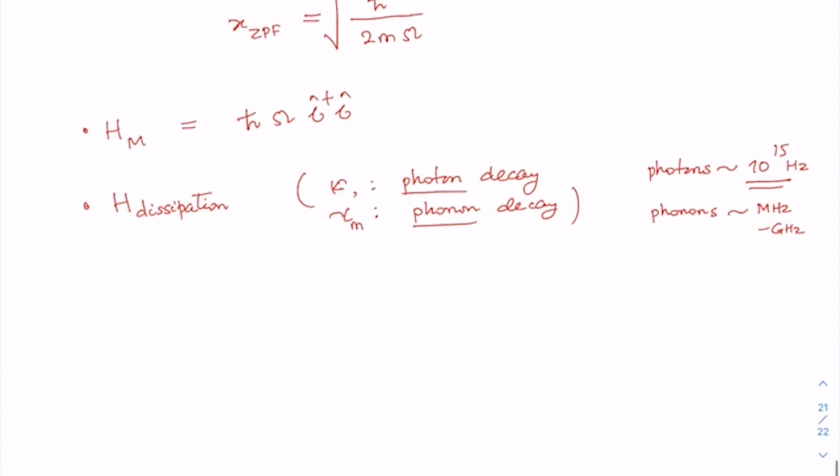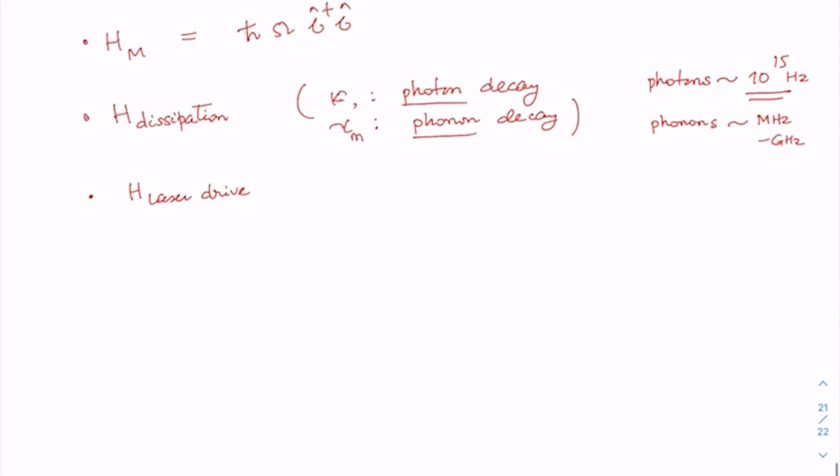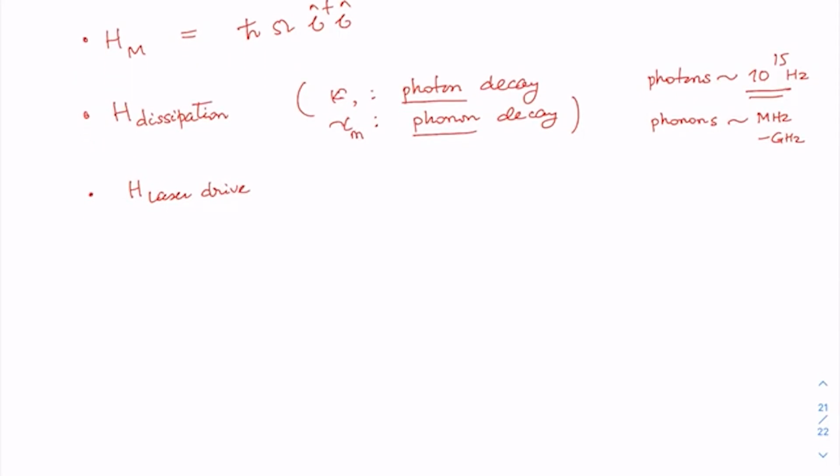Apart from that, as I said, the laser drive is also there, and we'll talk about it later. So overall, to conclude, we have the total Hamiltonian. We'll have these terms.